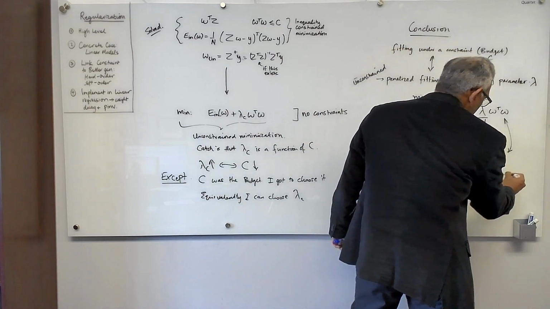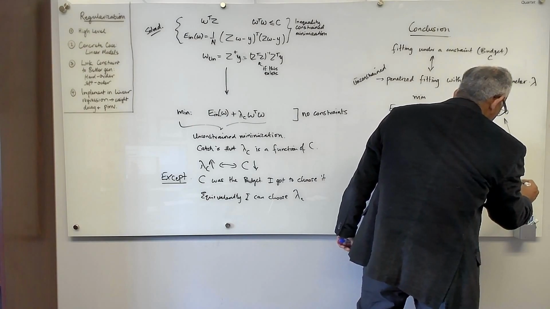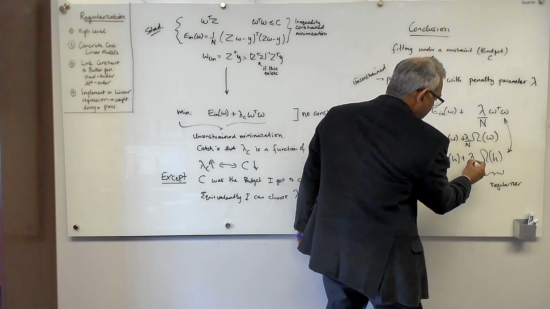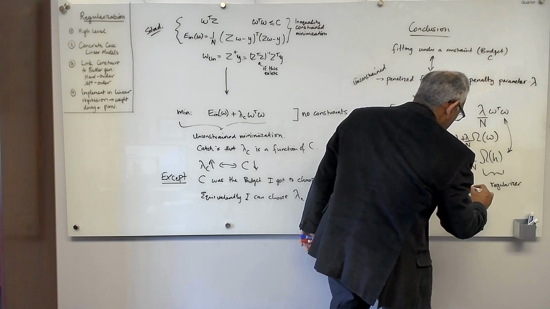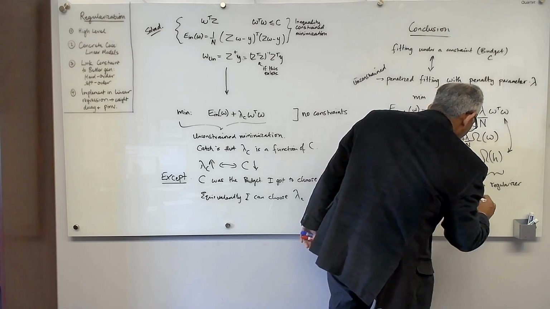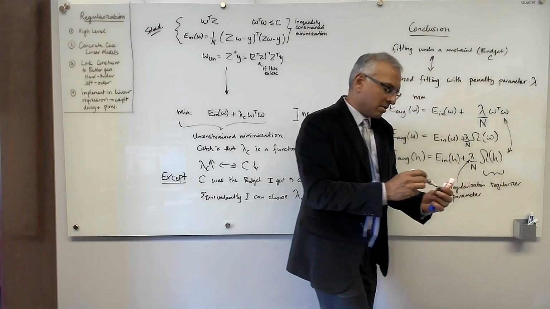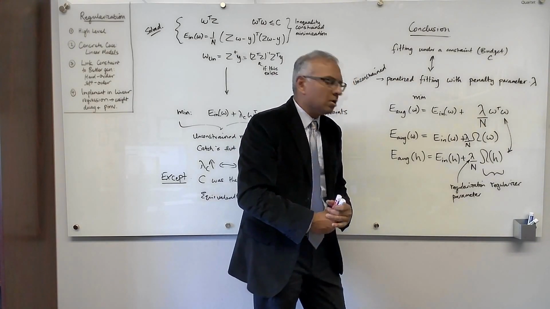W transpose W is called a regularizer. And lambda is called the regularization parameter. The regularizer, we get to pick. The regularization parameter, we get to pick.